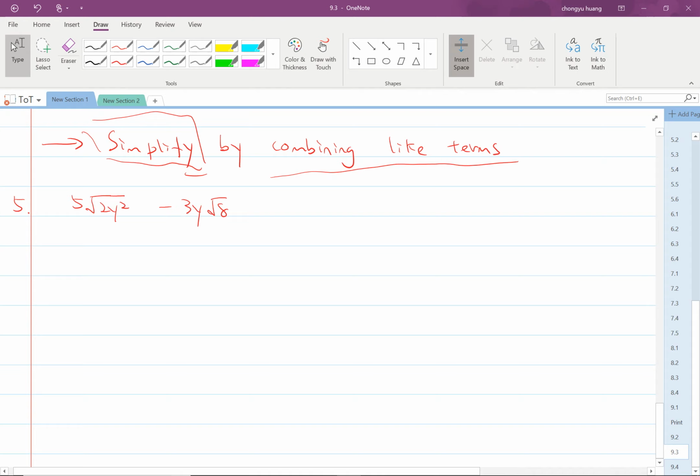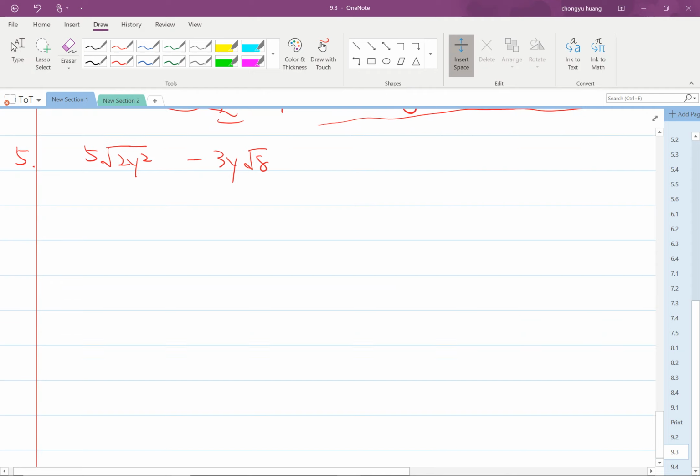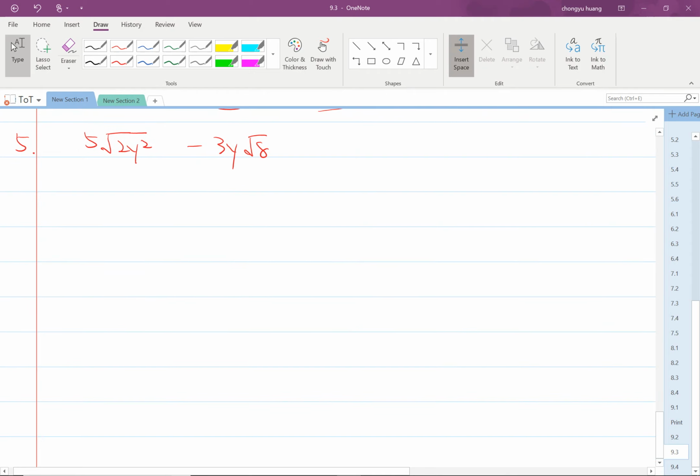Okay, now let's do the question together. Let me zoom in a little bit. As you can see in this question, there are two terms. The first term is 5 square root of 2y to the power 2, and the second term is negative 3y square root of 8.